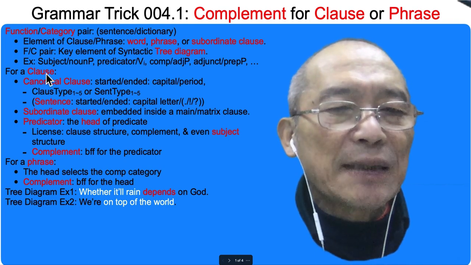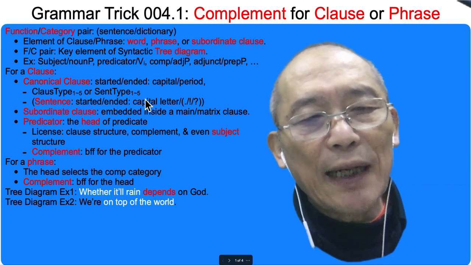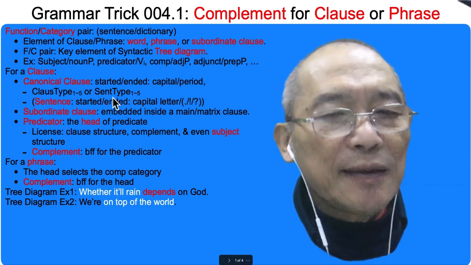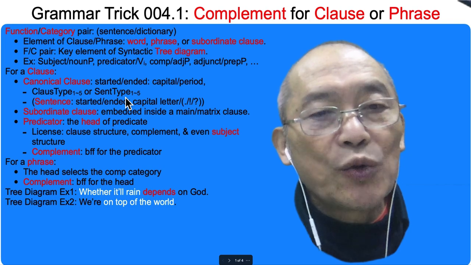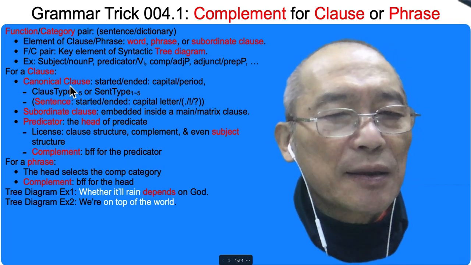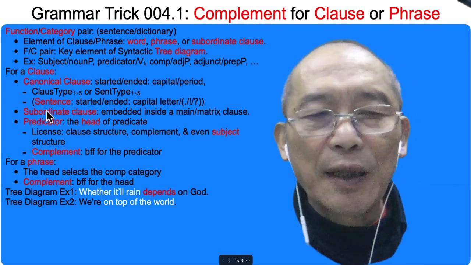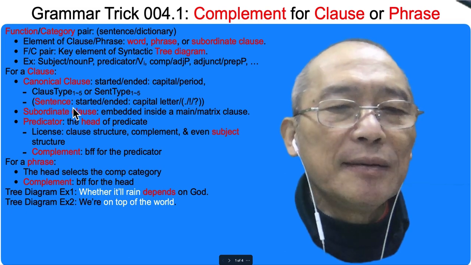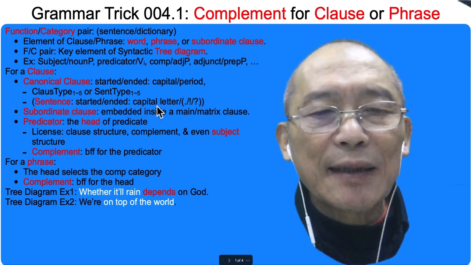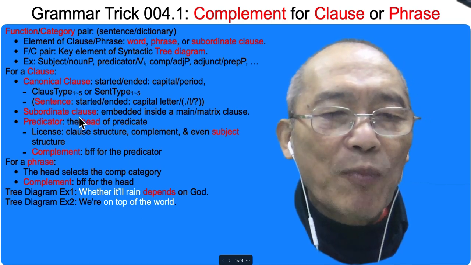So for basic clause or canonical clause, which is the first 8 sentence types, which we have already talked about. And this clause must be started with a capital letter and ended with a period, whereas a sentence must be started with a capital letter and ended with one of these marks. And what is a subordinate clause?